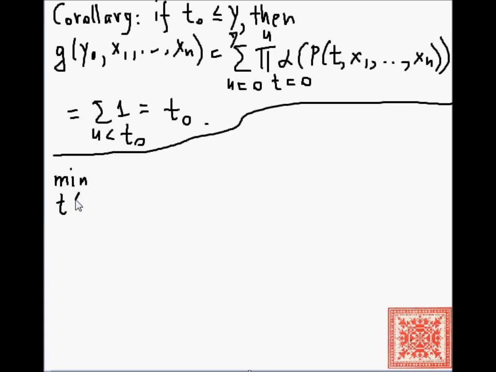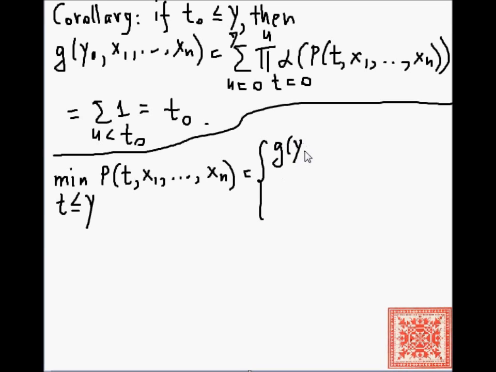And now that we have g, and we have defined it as the sum of the alpha products, we can use g to define the bounded minimalization of the predicate p.